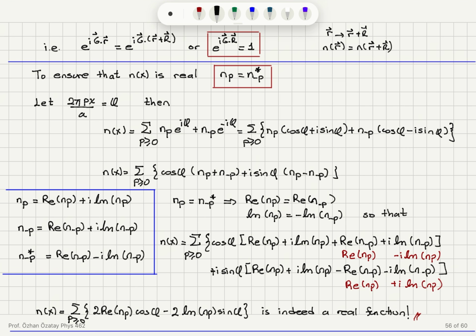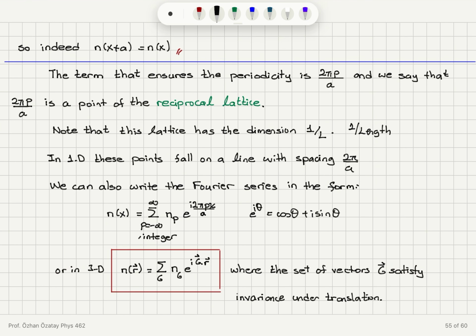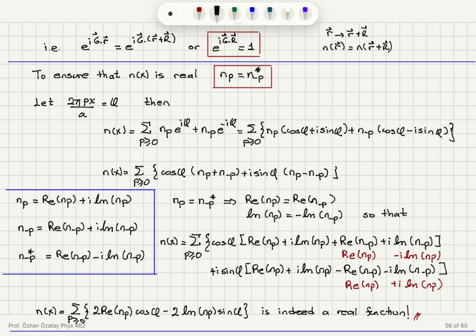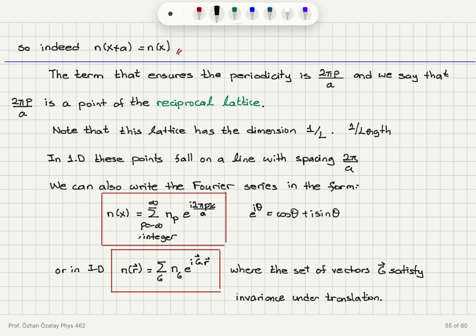And this function n of x has to be a real function. This is ensured by noting that the coefficients that we choose here for the one-dimensional case, these coefficients n_p, should satisfy the following relationship: n_p is equal to n_minus-p complex conjugate.